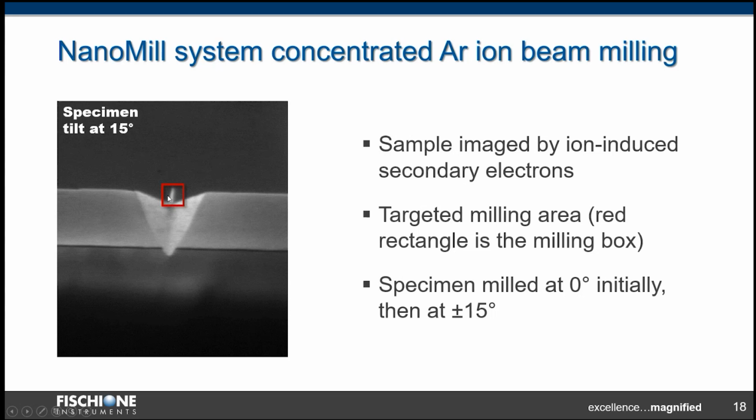In NanoMill, you precisely target your sample, put the milling box where you really want, and milling will be only in that box, and will not affect any surrounding areas. So you will have no redeposition on the sample from the sample holder, as you will have for sure using a broad ion beam milling system.